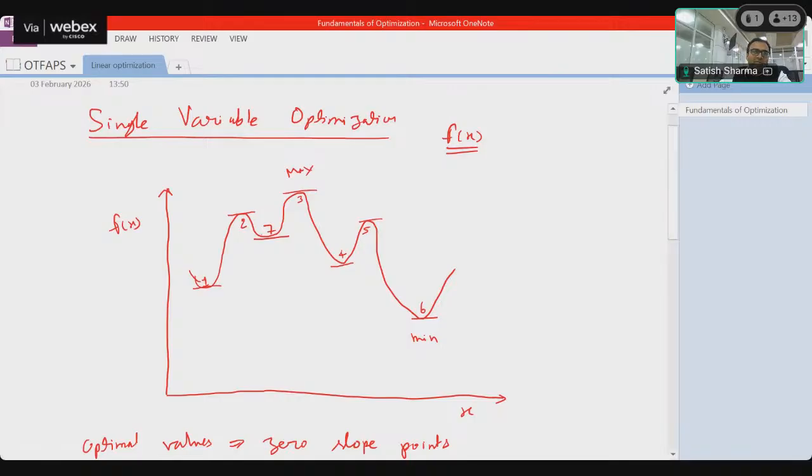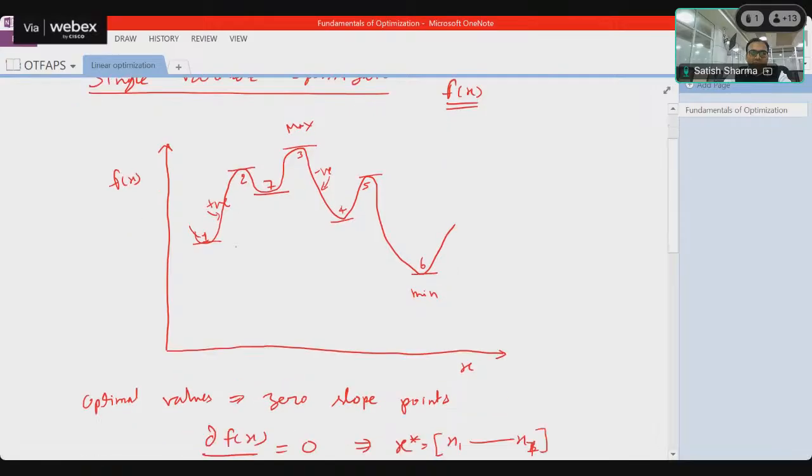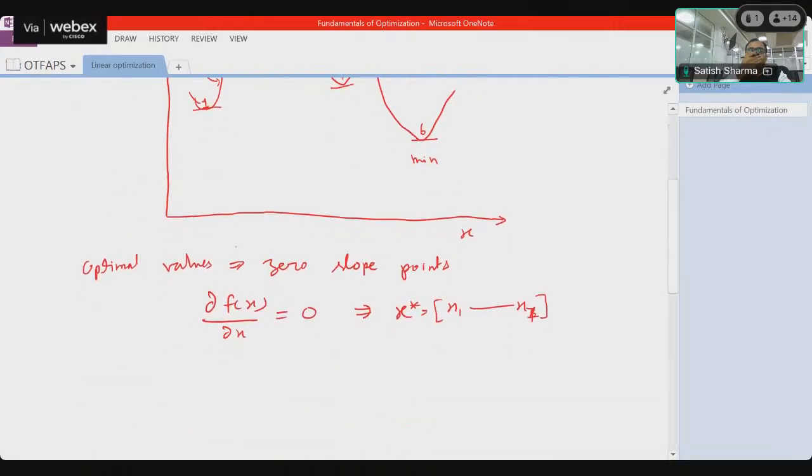Otherwise, there will be some positive slope on this side and then negative slope on this particular side. Okay, so the optimal values we will get are on the zero slope points, and we can obtain the zero slope whenever we take the derivative of this function. So that is the slope, and if I make it equal to zero, then I will get different values of x, and in this particular function, I will get 7 values.